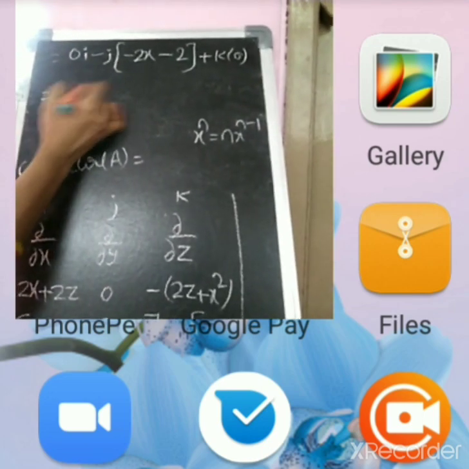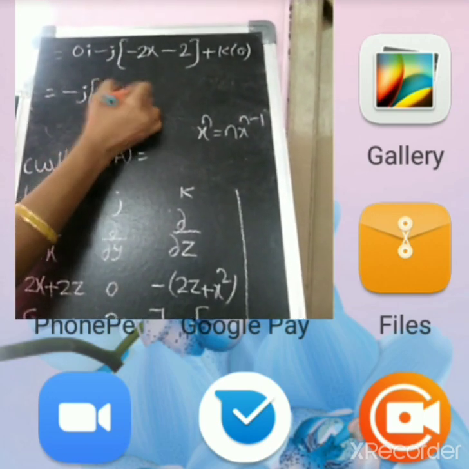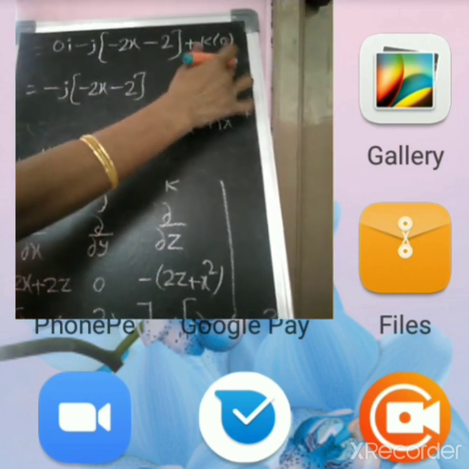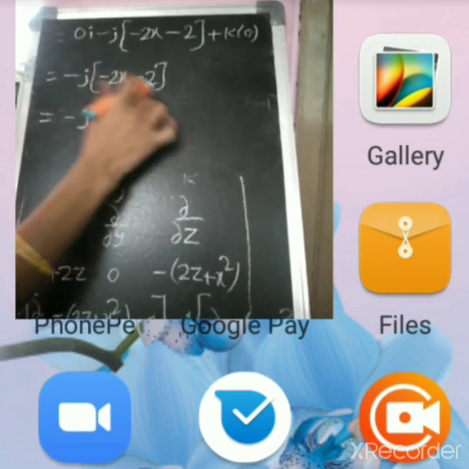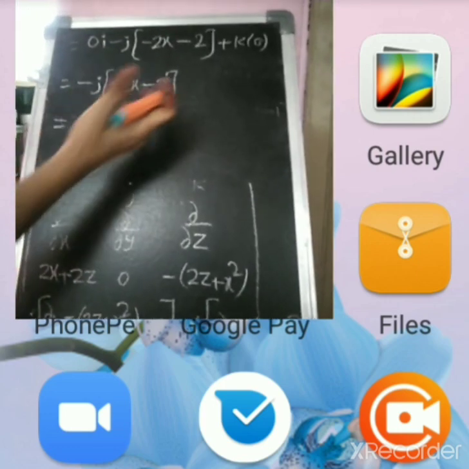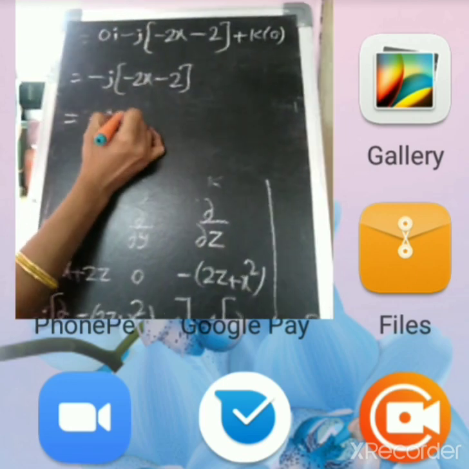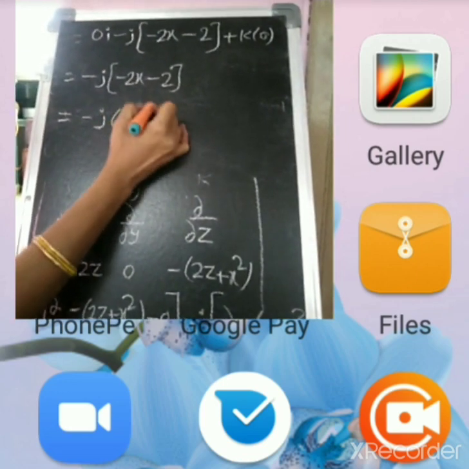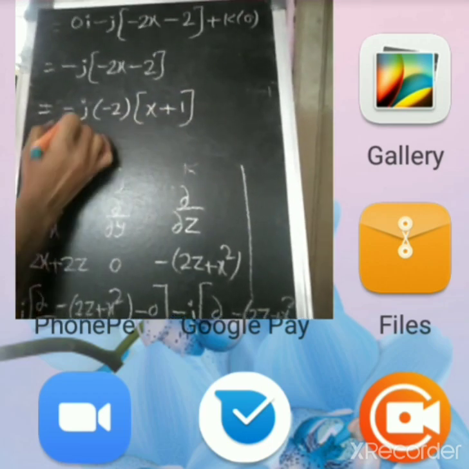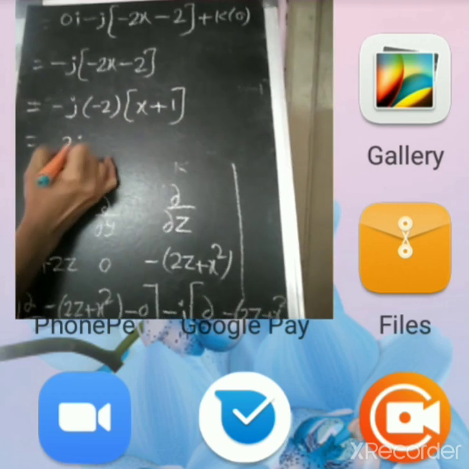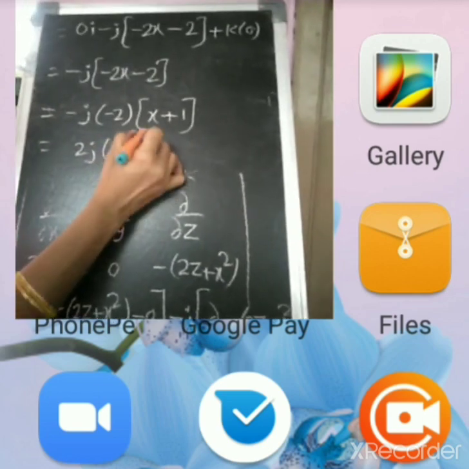So minus j into minus 2x minus 2, plus here this value is also 0. So here minus j into, minus 2 is outside, only minus is common, so that is x plus 1. So minus into minus is plus 2j into x plus 1.